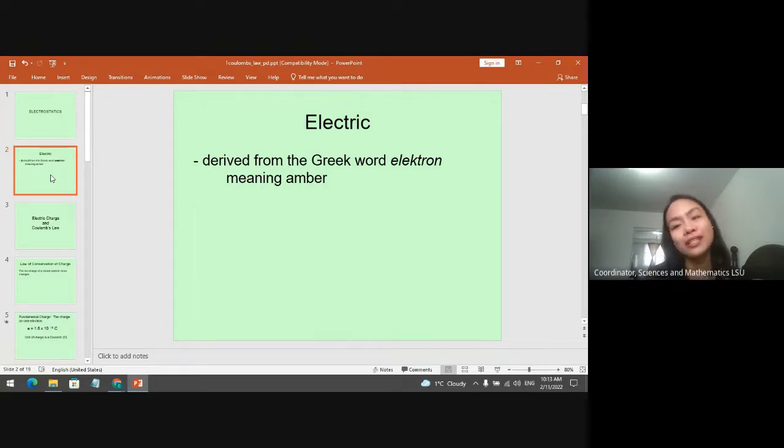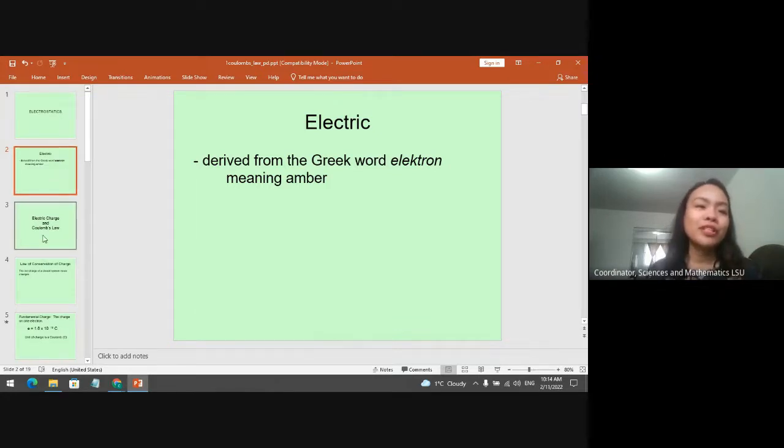We will not be talking about electricity yet, because electricity means the electrons are already moving. This time it is electrostatics, meaning there is no motion yet, no current flowing yet. We will be starting electromagnetism with this topic.